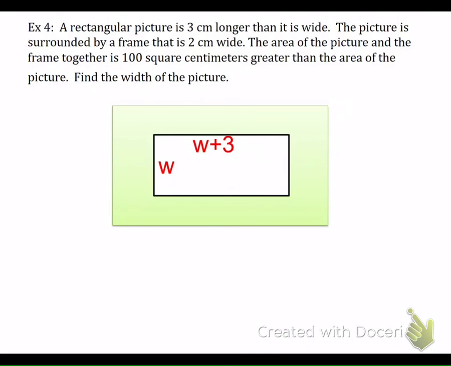So if you add 2 centimeters in all directions, what are you adding to each of these dimensions? 2 and 2 makes 4. So the new width would be called what? The new width would be W plus 4. And the new length would be W plus 7, because you add 4, 2 and 2 to the 3. Good.